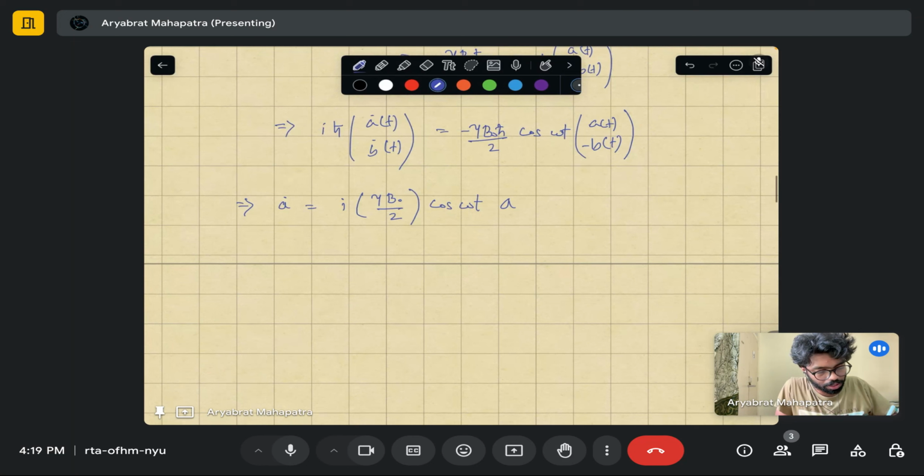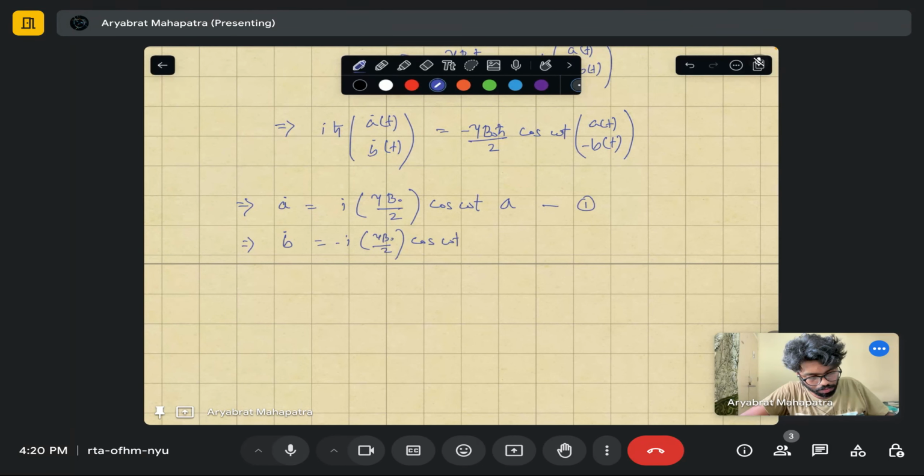So you solve this differential equation. This is your first differential equation, and in the same way you will have another differential equation, b dot, which will be minus i gamma b naught by 2 cos omega t times b. This is the second differential equation.